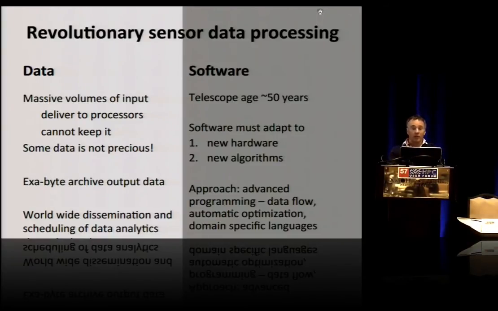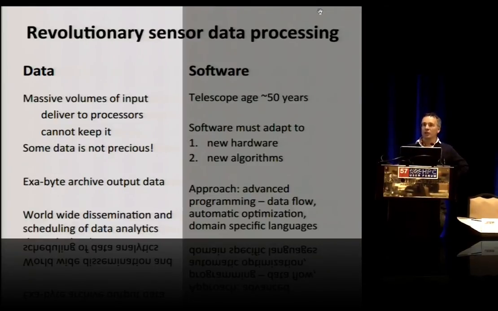The exabyte output archive is, I think, a pretty big archive, even by 2020 standards. And the worldwide dissemination through a sort of cloud and analytics framework of this is probably not so easy. And the lessons learned from CERN are that there are many surprises. But perhaps even more revolutionary is the following. Telescopes get very old. 50 years is a very normal lifetime for a telescope.